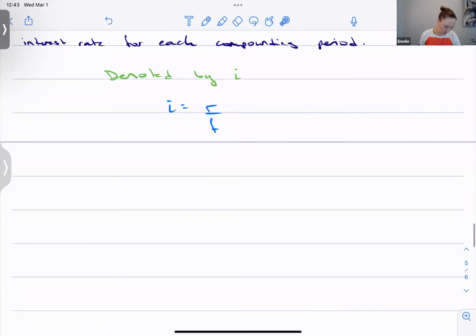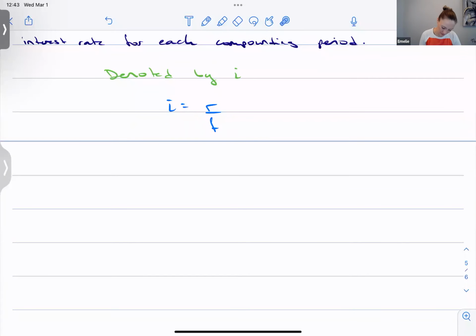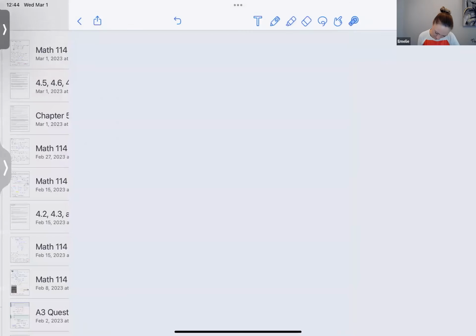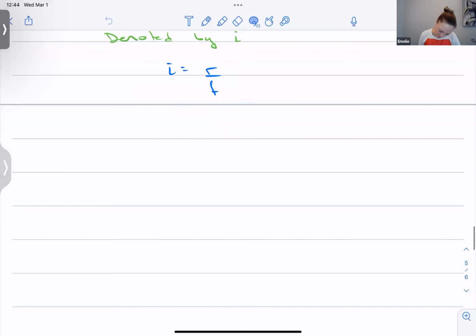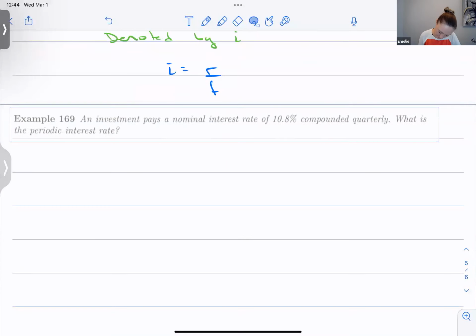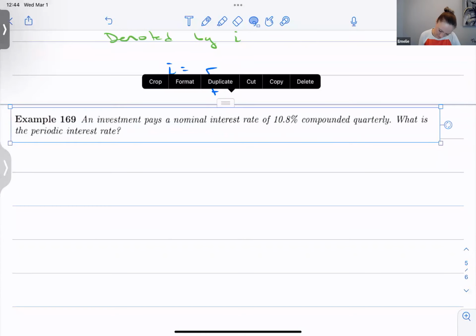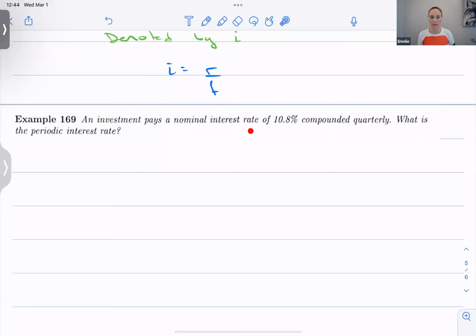Okay, so let's see here. I think I've got an example. An investment pays a nominal interest rate of 10.8% compounded quarterly. So here, let's just highlight nominal interest rate of 10.8%.